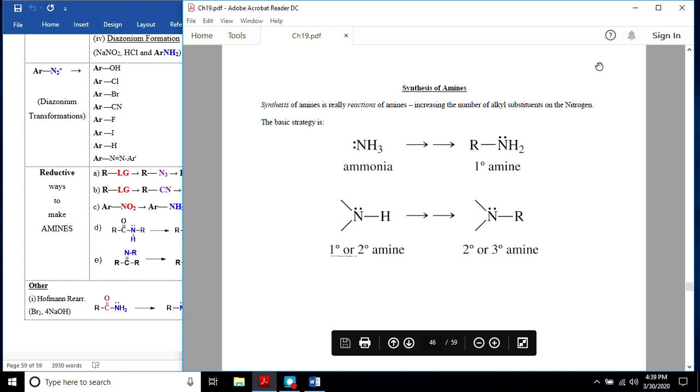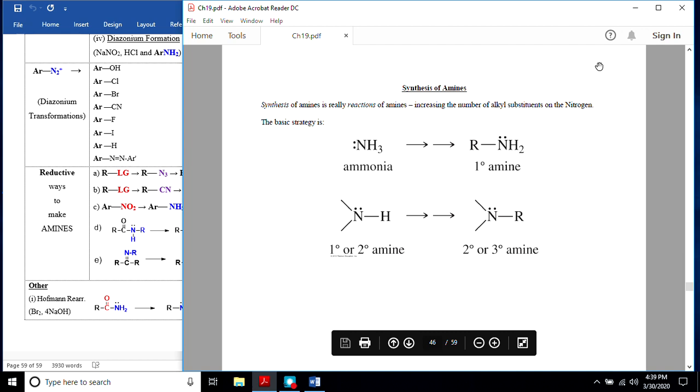The next important aspect that most of those have is the theme that we start off with some functional group that contains nitrogen, and then we do some chemistry where we add on an additional alkyl substituent.